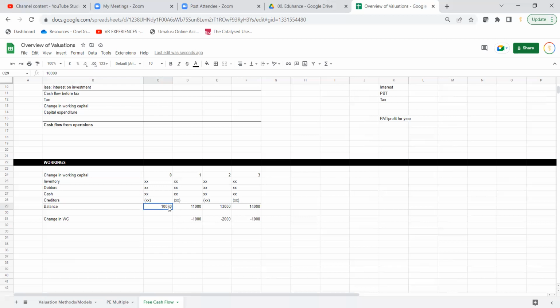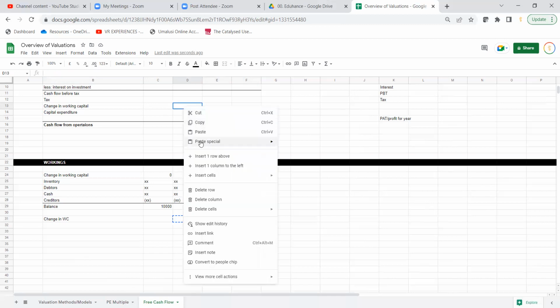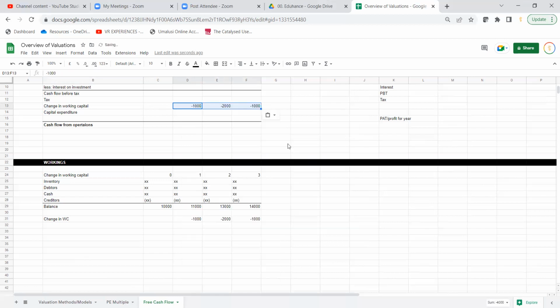If working capital is decreasing, we expect the change to be positive. That change will come in over there. We don't put in 11, 13, 14. We put in 1, 2, 1.